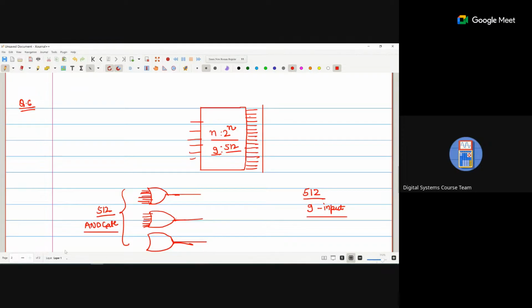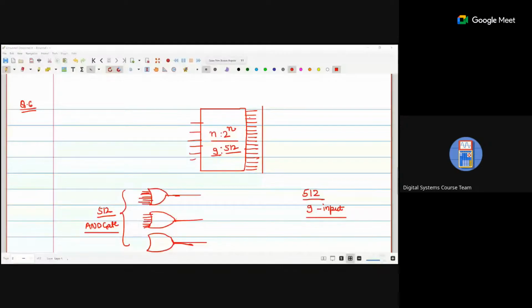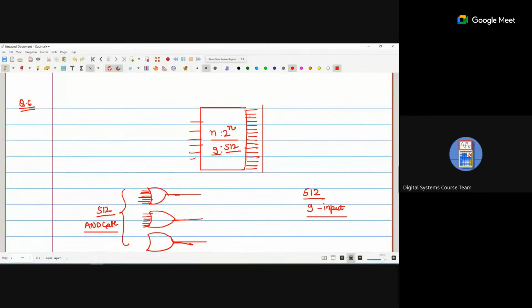Understood? Any doubt in this one? Sir, why is the AND gate count 512? Okay. You have created 512 outputs because your decoder is 9 cross 512. An AND gate generates a single output.